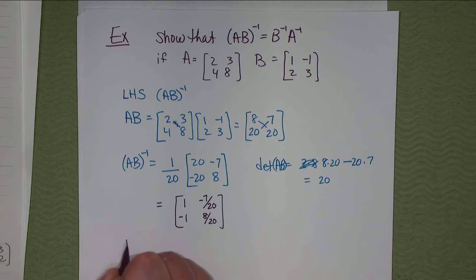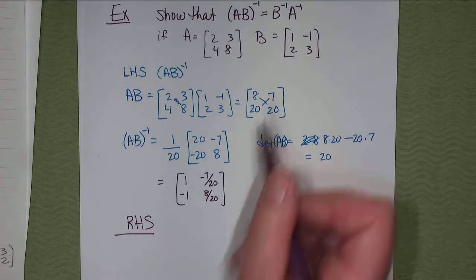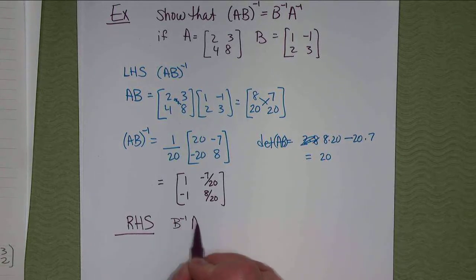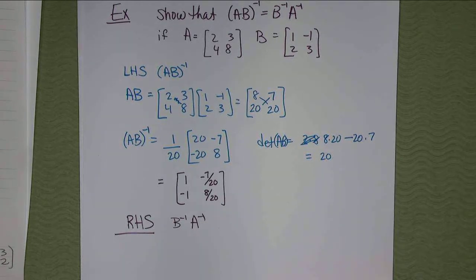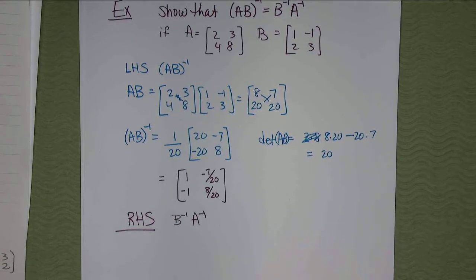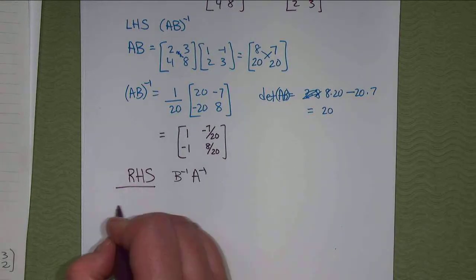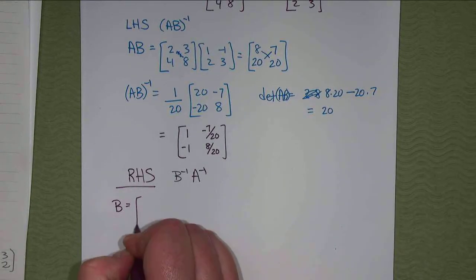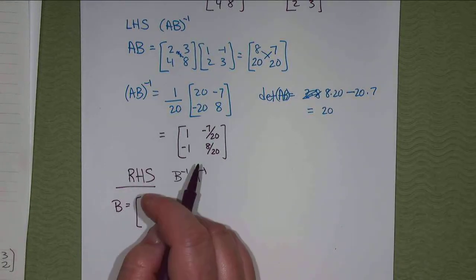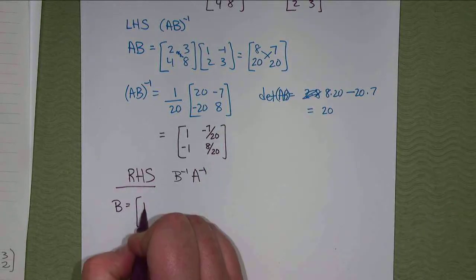Now what about the right-hand side? So the right-hand side says B inverse times A inverse. So we need to find both inverses and then multiply the answer. So B (1, minus 1, 2, 3).